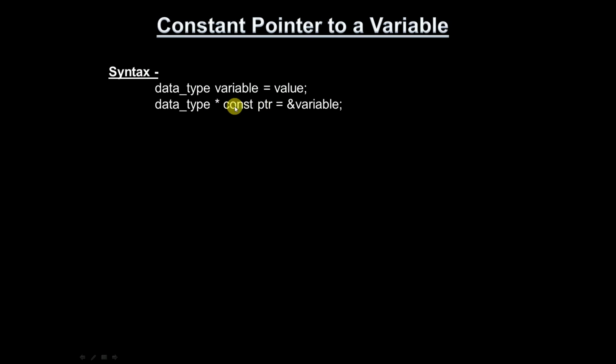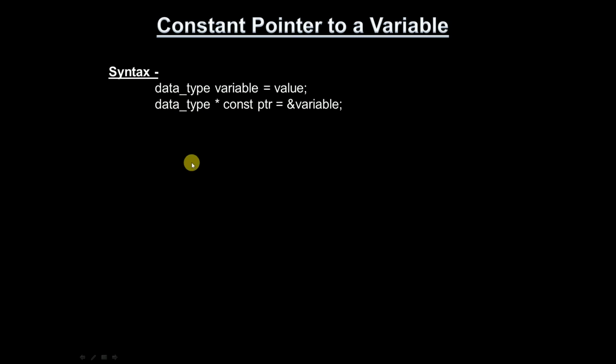Now if you see, the const keyword is present after star. Previously it was before star, right? Now it is after star. const ptr equals to address of variable. Now this pointer is a constant. So it is a constant pointer, and wherever it is pointing, that value is not a constant.